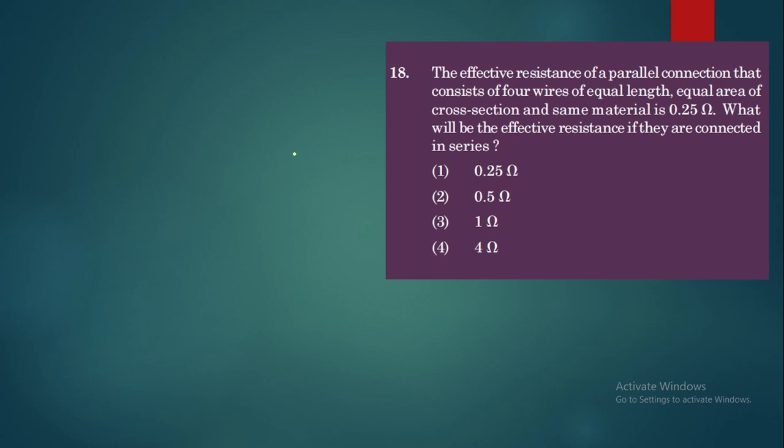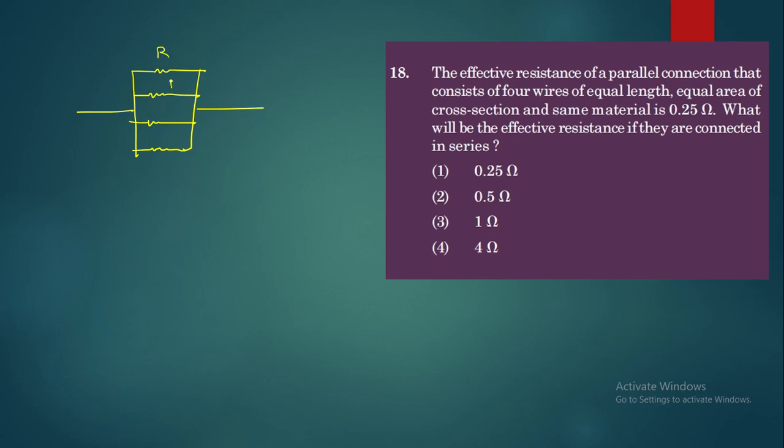In this question it is given that there is a parallel connection that consists of 4 electric wires. So there are 4 wires carrying some resistance, connected in parallel with each other.